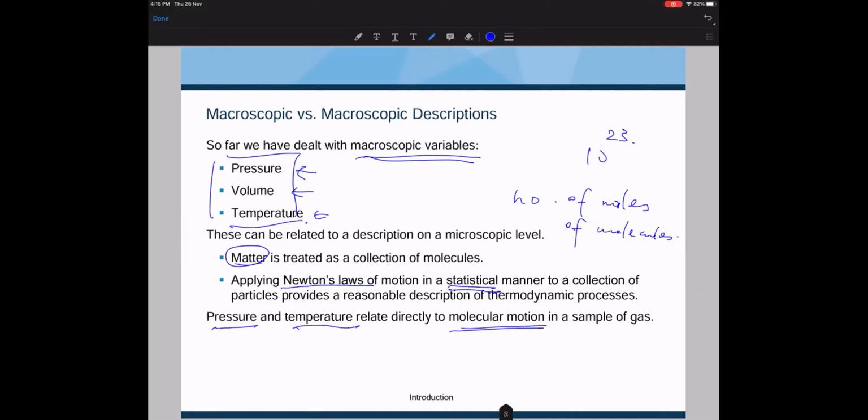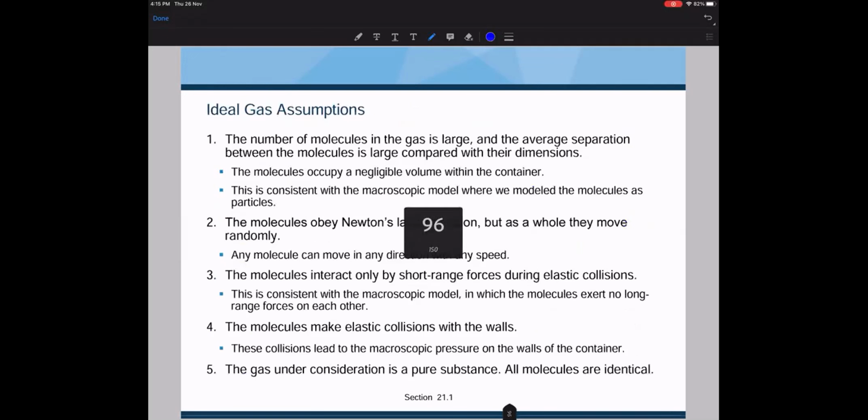So let's try to take a look at the assumptions we use for the ideal gas. And based on these assumptions, we would try to deduce the connection between the internal energy and the macroscopic variables.